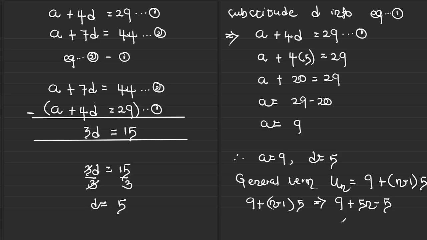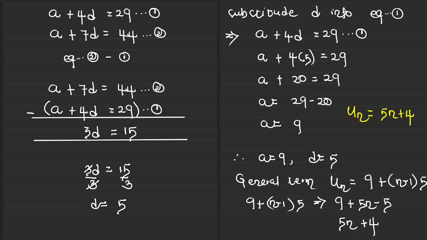That is grouping like terms. We have our 5n, then 9 minus 5 gives us a positive 4. So instead of writing Un equals 9 plus bracket n minus 1 bracket 5, as you see over here, a very simple way to write it is to say your Un is equal to what? 5n plus 4. As simple as that.